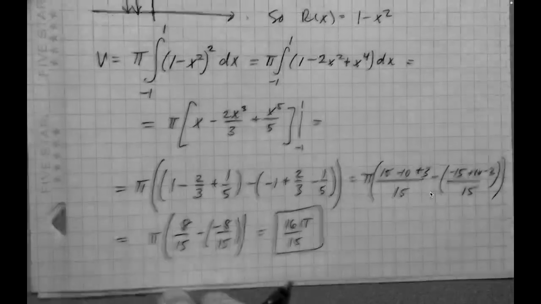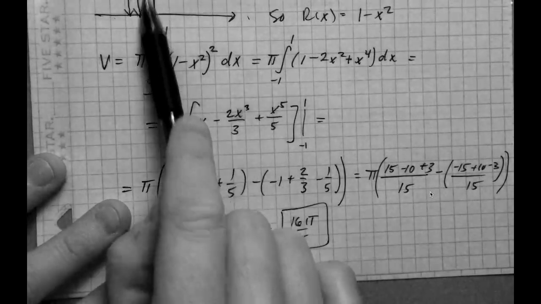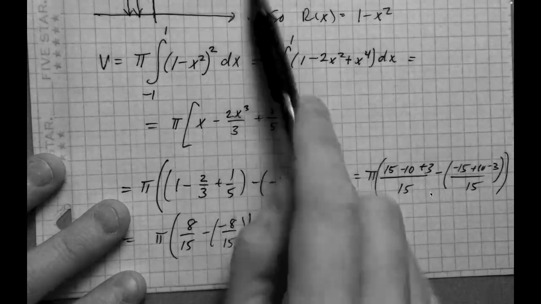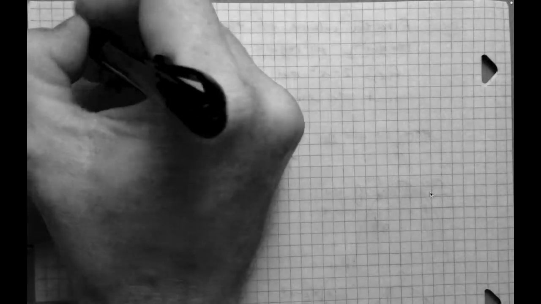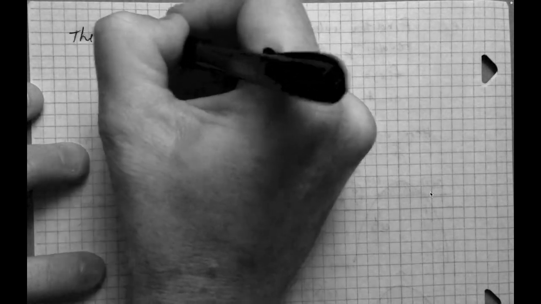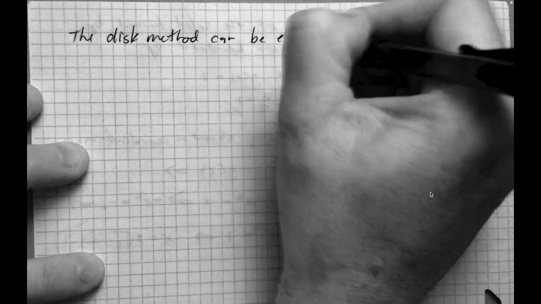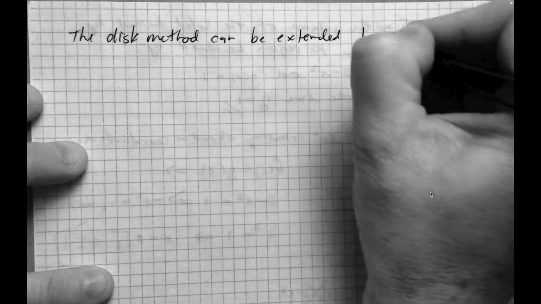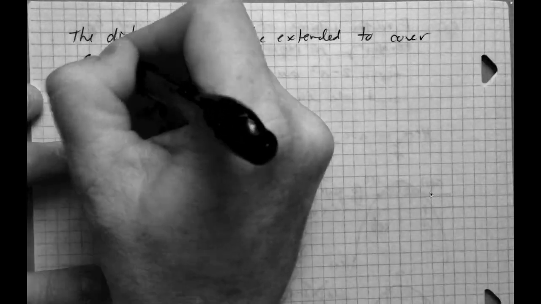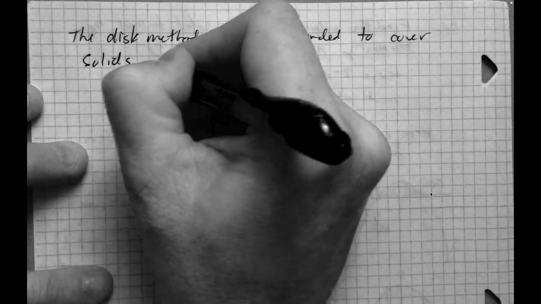Now, this particular idea of having the radius be some kind of a hybrid is a good segue into a slight modification of the disk method that makes it quite a bit more powerful. So the disk method can be extended to cover solids of revolution with holes.